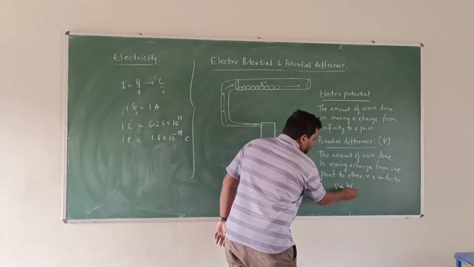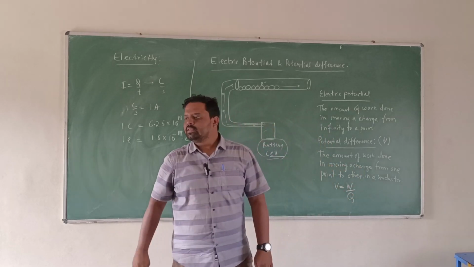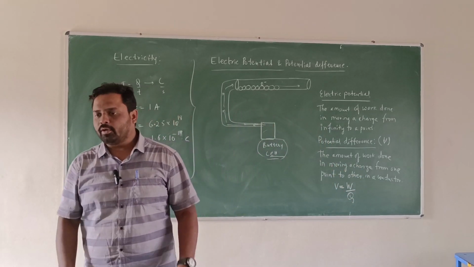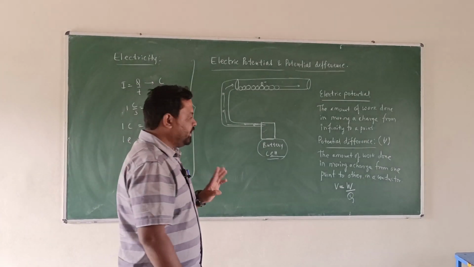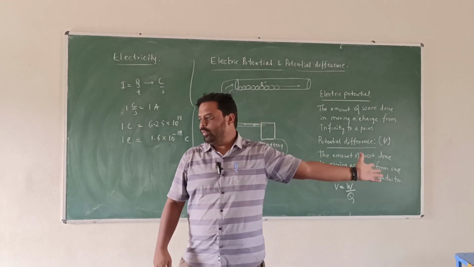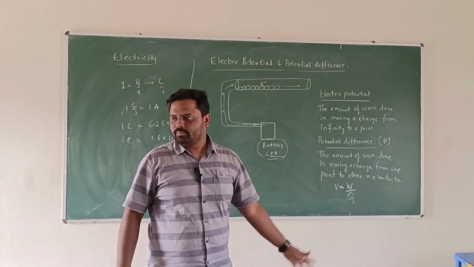That means work done per unit charge. If you remember, Q we represented for charge in the previous class. Yes or no? Right? And W is what? Work done. Correct?